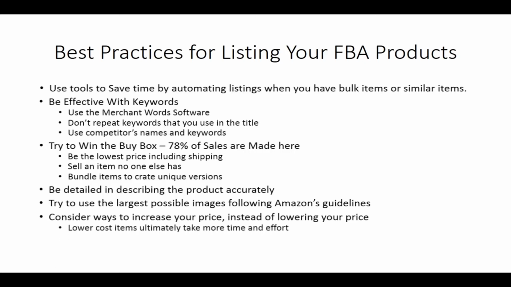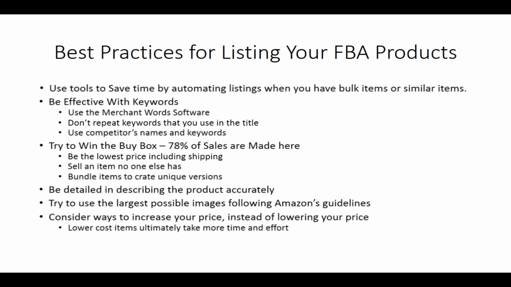One of the reasons is that lower cost items ultimately take more time and effort, and you want to be as efficient and effective with your time as you can. One of the ways you do that is to find ways to get your buyer to spend more. It doesn't necessarily mean that they're getting less value. You do want to make sure that when the buyer does the math in their head, they're ultimately getting more value.